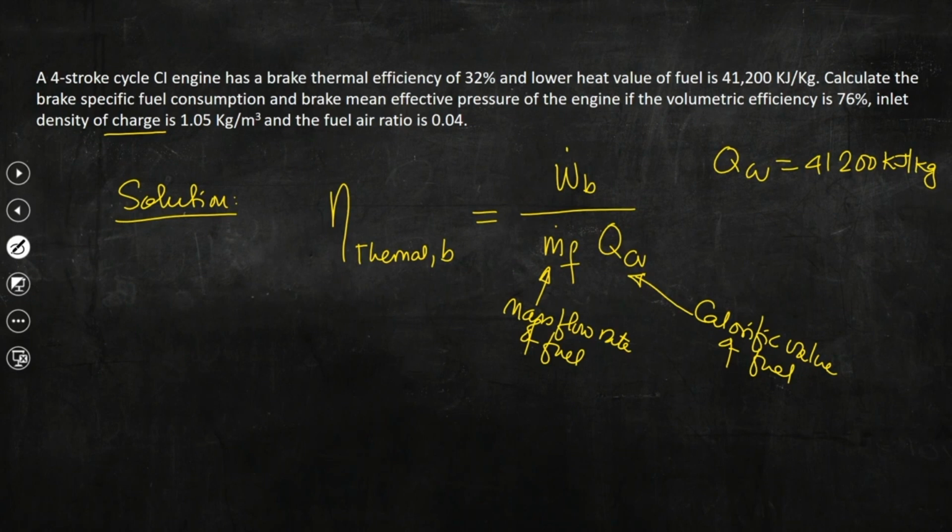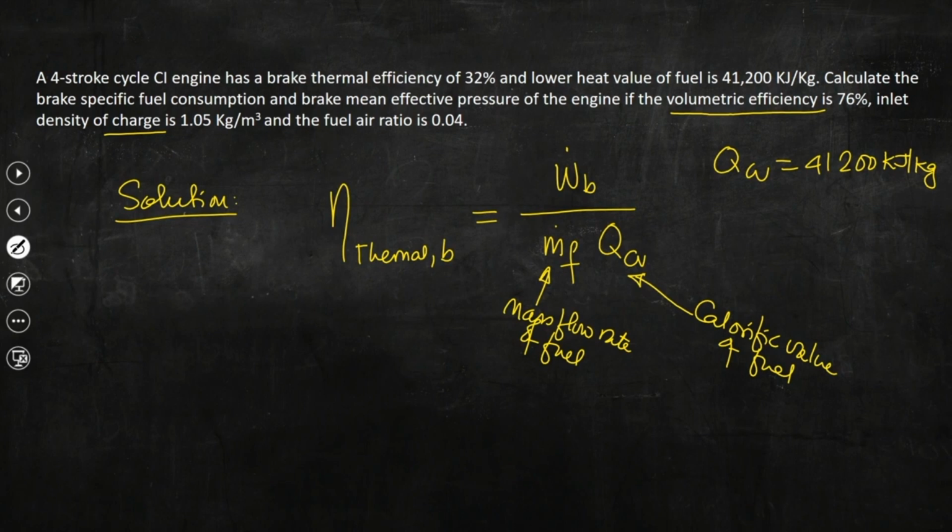Now, one new term that we are getting today is the volumetric efficiency. Though I could not discuss this particular efficiency, to solve this problem I can tell you the mathematical expression of this efficiency and what it is all about.